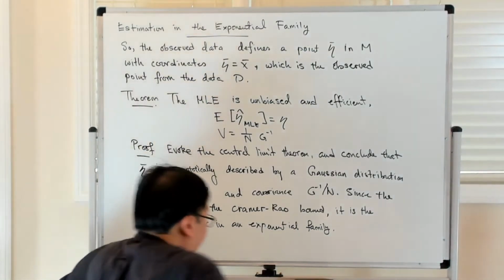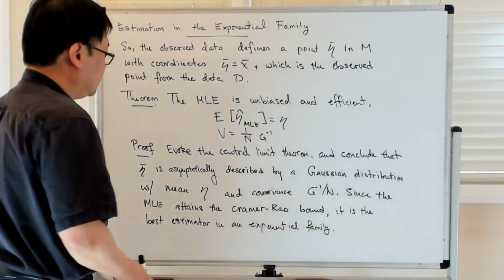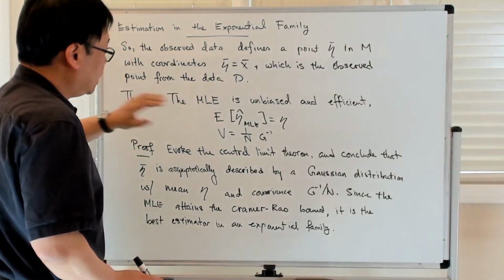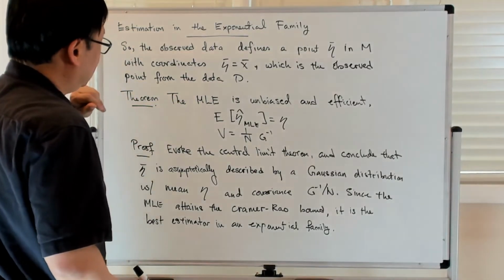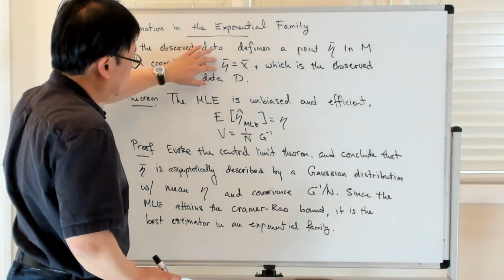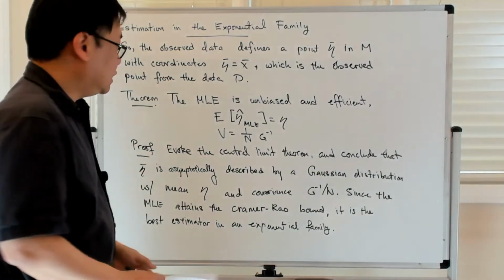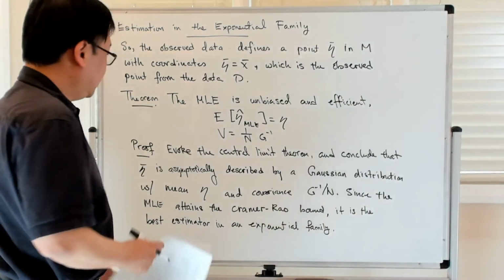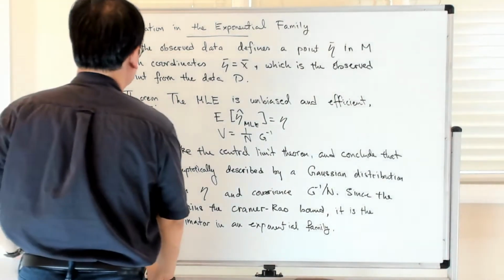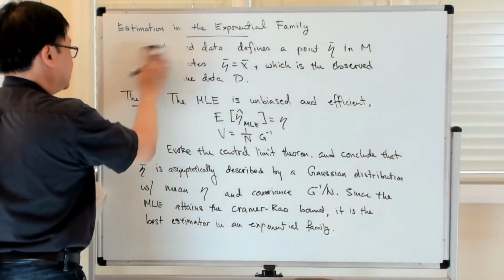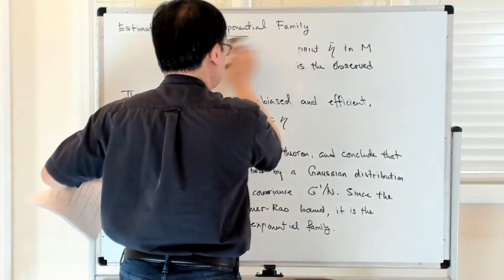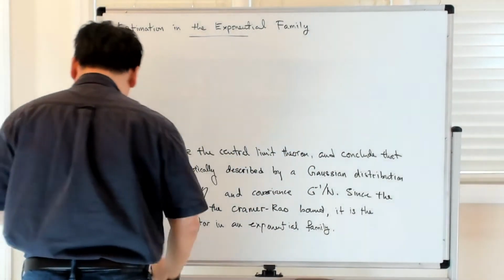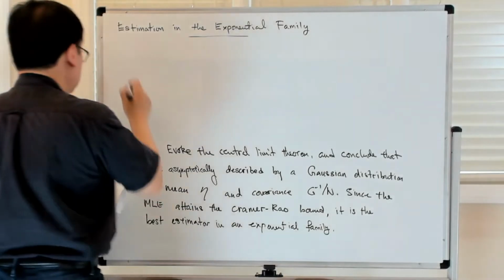One thing worth remarking is that we've expressed this discussion in the context of the eta coordinates, which is the dual coordinate system. You can ask what happens if you try to do this in the theta coordinates, which were the primal coordinates. It turns out that you get a slightly different answer. The estimator is not as nice.